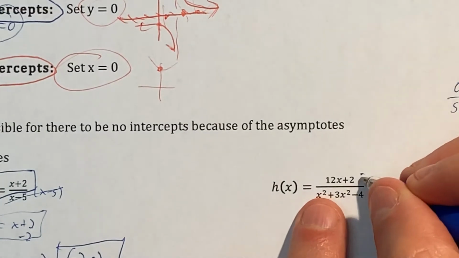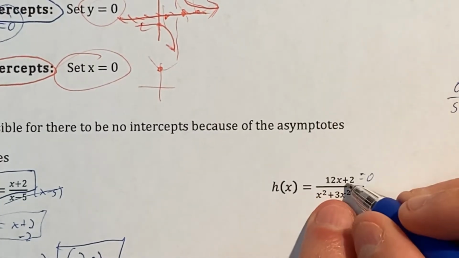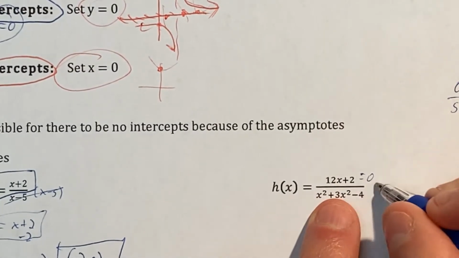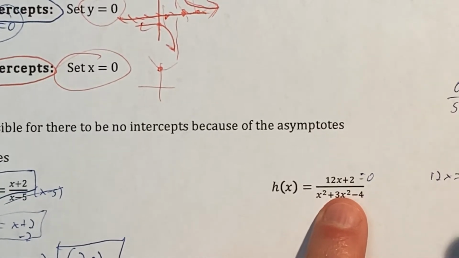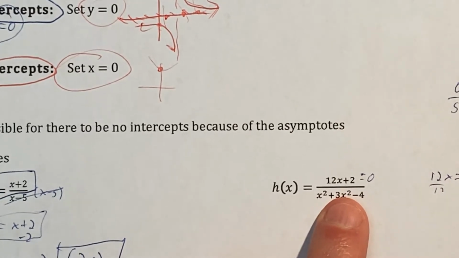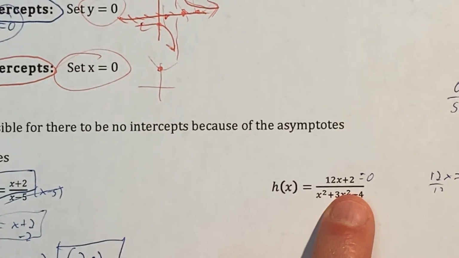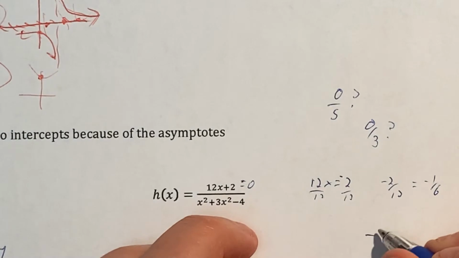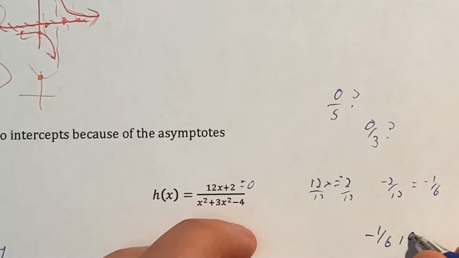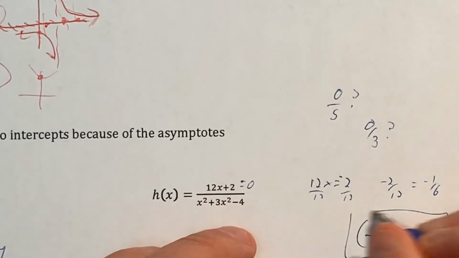If I just set the top equal to 0, then I would subtract 2 to get 12x equals negative 2, and divide by 12, and I would get negative 2 over 12, which is negative 1 over 6. So at negative 1/6, comma 0 would be my x-intercept.